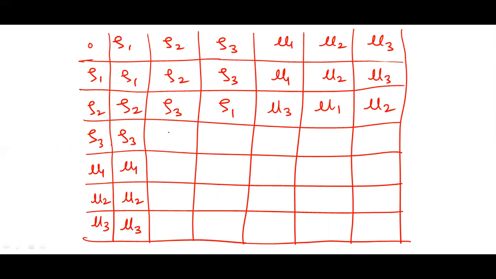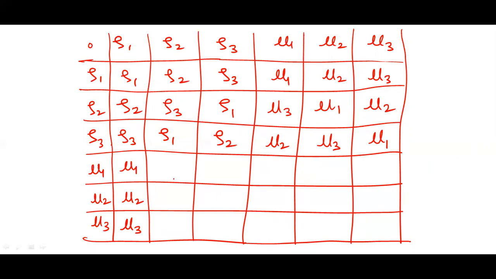Similarly, you can check that rho 3 composition rho 2 is rho 1. Rho 3 composition rho 3 is rho 2. Rho 3 composition mu1 is mu2. Rho 3 composition mu2 is mu3, and rho 3 composition mu3 is mu1.